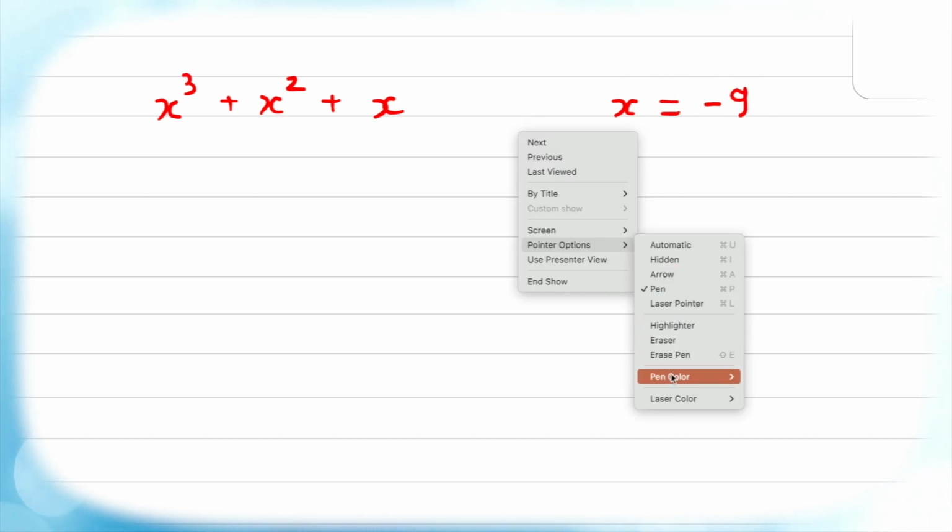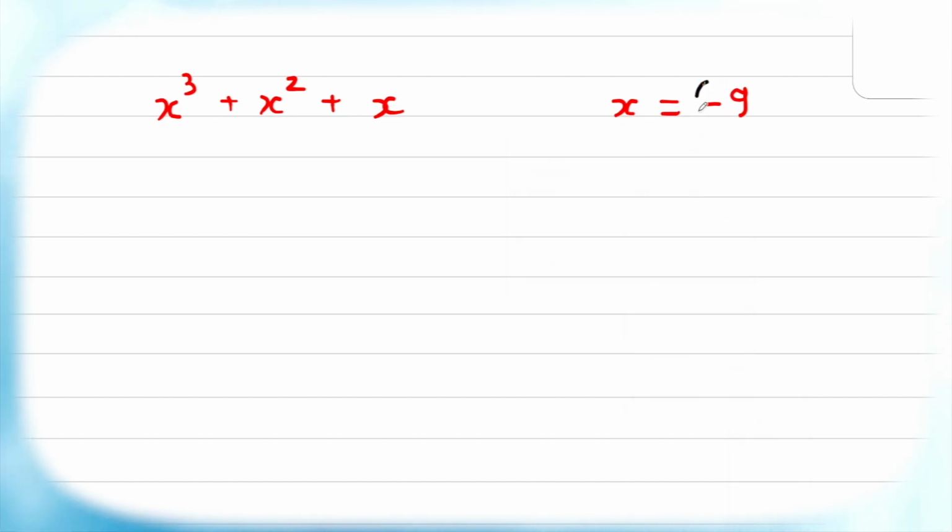For example, I have h cubed plus h squared plus h here, and I put the value of h as minus 9. So I have to understand that h here equals minus 9. I will put it inside the bracket here. And when I take substitution, I need to put minus 9 inside the bracket.